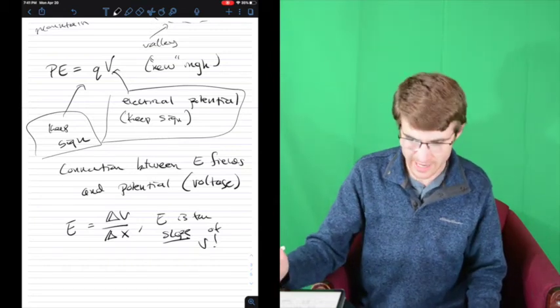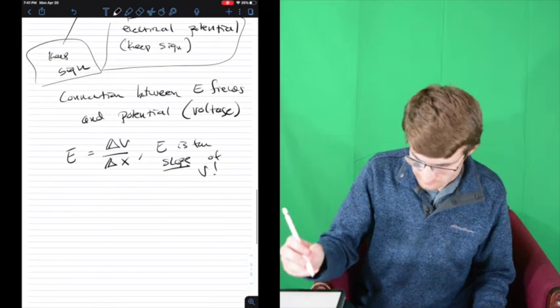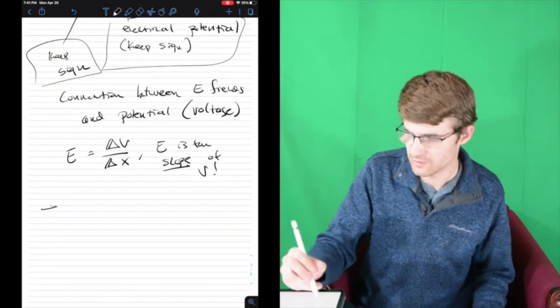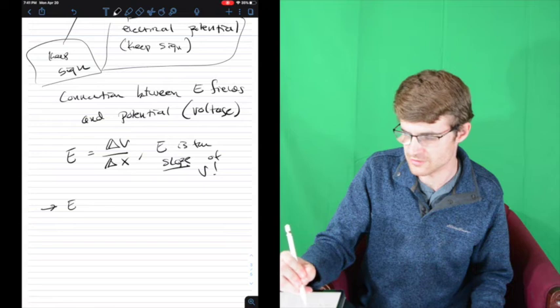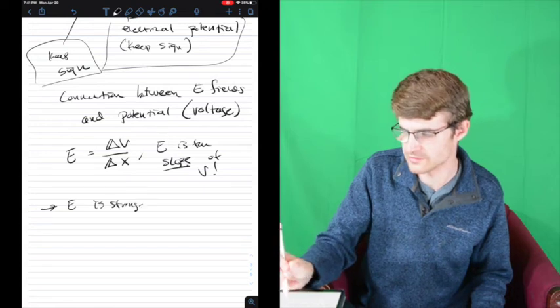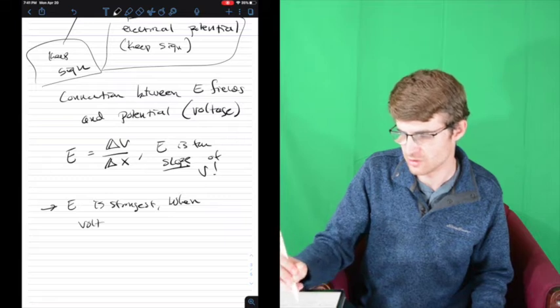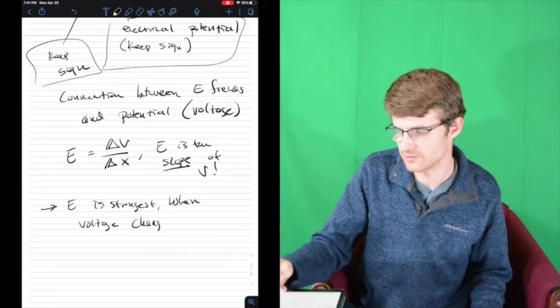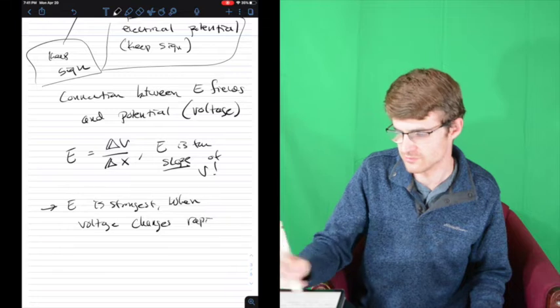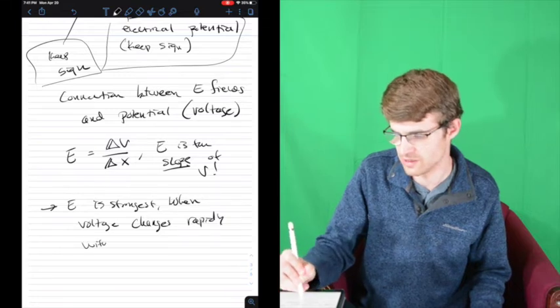So just to kind of unpack that a little bit, E is the strongest or biggest when the voltage changes rapidly with distance, or with position, I should say.